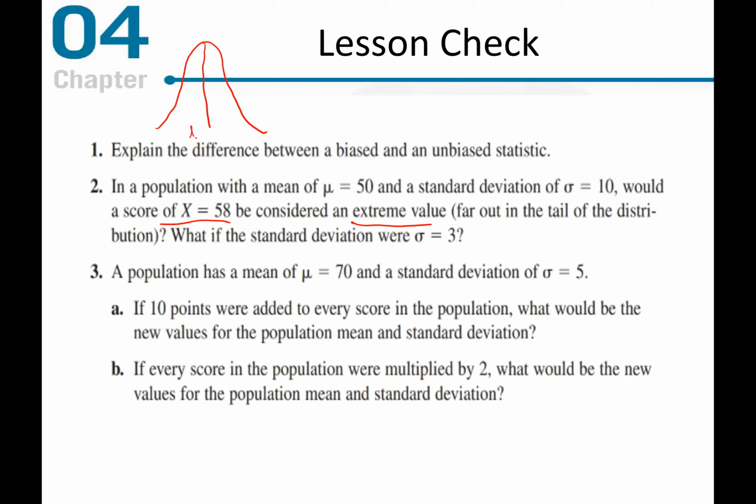So here's the population distribution. Here is where the mean is. The mean is 50. Our score is 58. The standard deviation is 10.